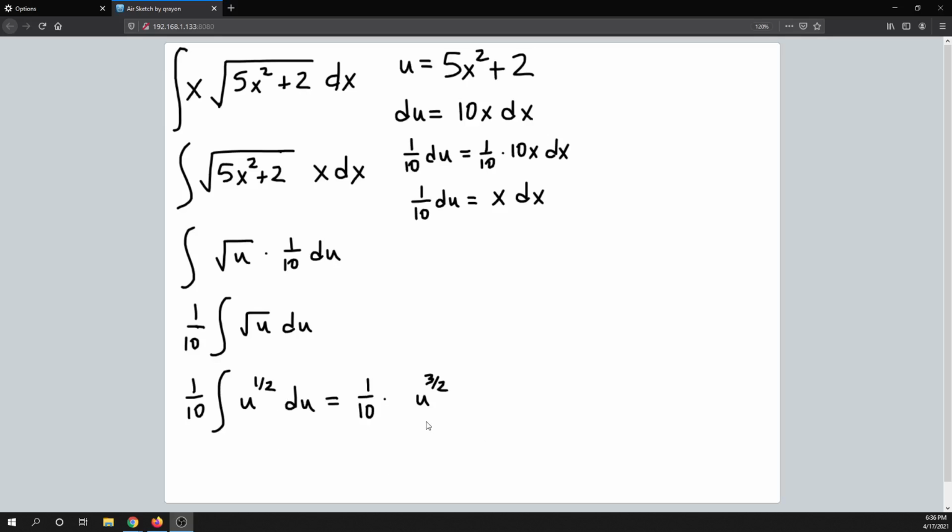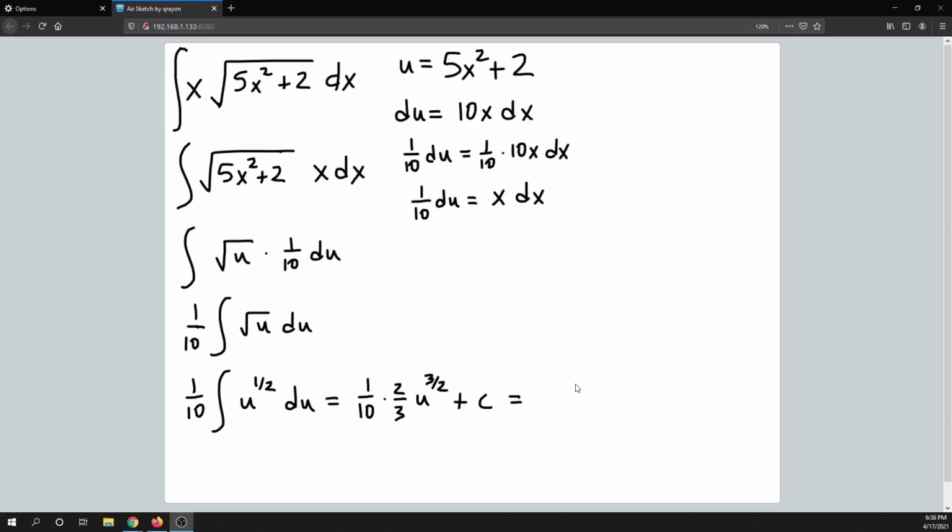And then I'm going to either divide by 3/2 or multiply by the reciprocal of 3/2, which is 2/3. And that's what I'm going to do, especially when the thing I have to divide by is a fraction. You're going to have to do that anyway, so you might as well just go ahead and do it now.